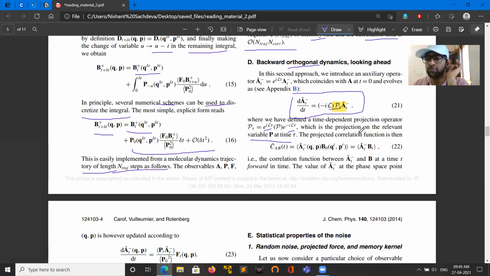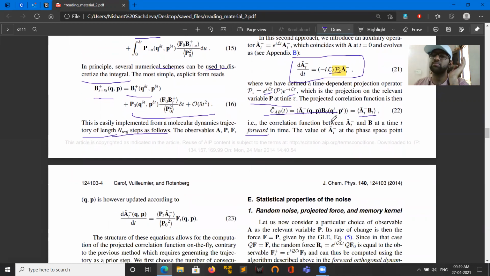The projected correlation function, therefore, is C_AB of t, the average of A tilde t dash (q, p) times B(q_t, p_t). That is the correlation function between A tilde t dash and B at a time t forward in time.